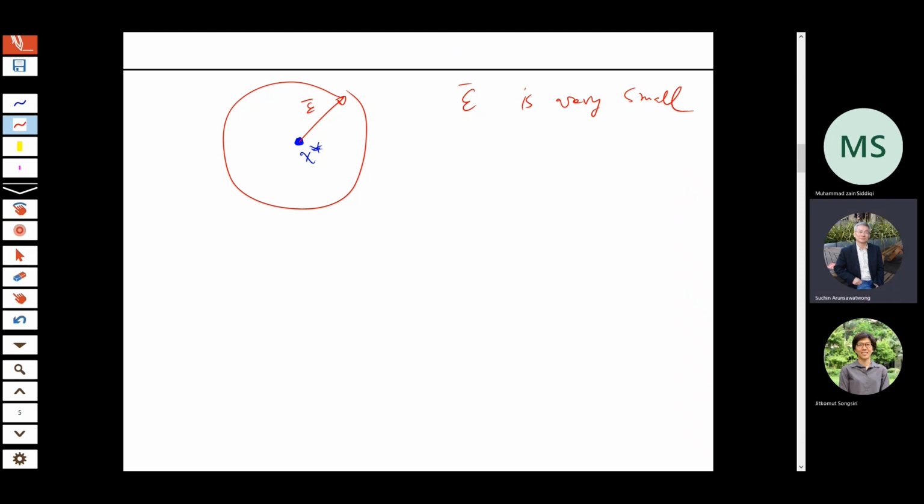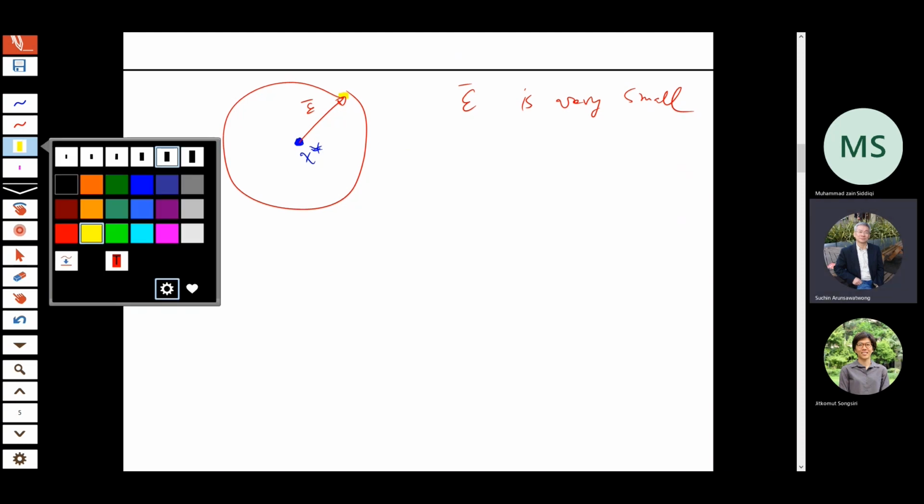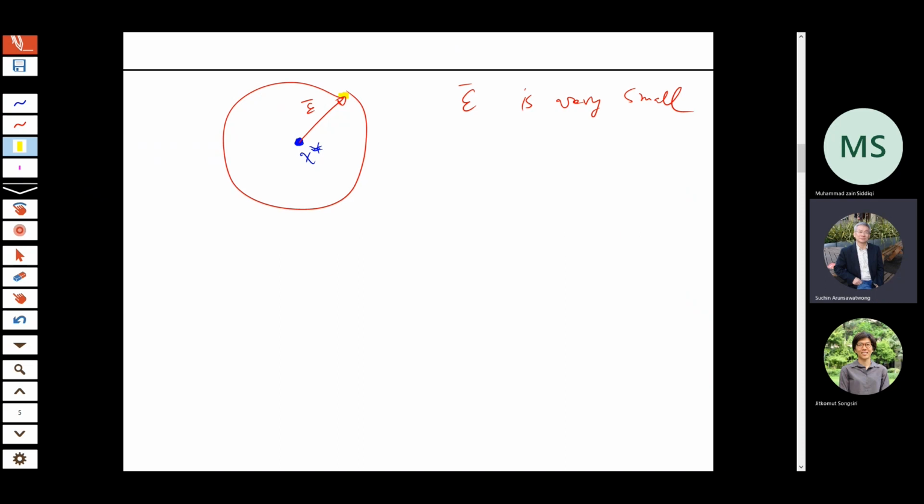Then for any point, how can we define this open sphere? We define it as the neighborhood of the point x star with radius epsilon bar, which is the set of x in Rn such that the norm of x minus x star is less than epsilon bar.